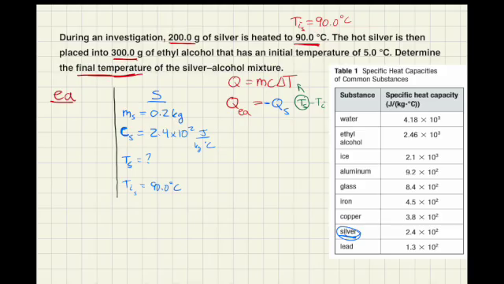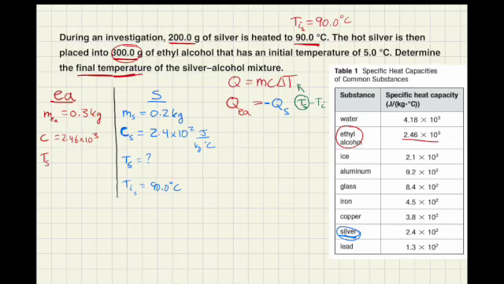Our ethyl alcohol had a mass of 0.3 kilograms, or 300 grams. Its specific heat capacity can be found right here. It's 2.46 times 10 to the 3. I'm not going to write the unit just because it's kind of big and I don't have space for that.